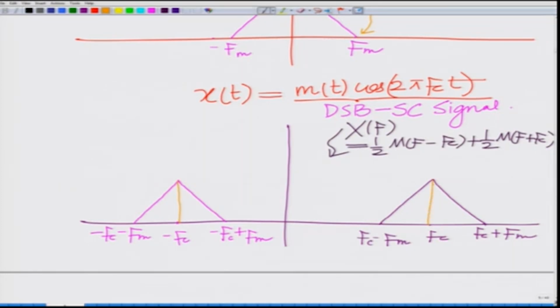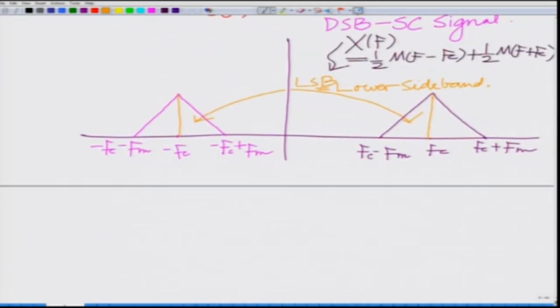One is the lower side band, LSB, and we have the upper side band, USB. You can also look at the lower side band as basically the inner bands. In this DSB-SC spectrum, the lower side band is comprised of the inner bands, and the upper side band is comprised of the outer bands.